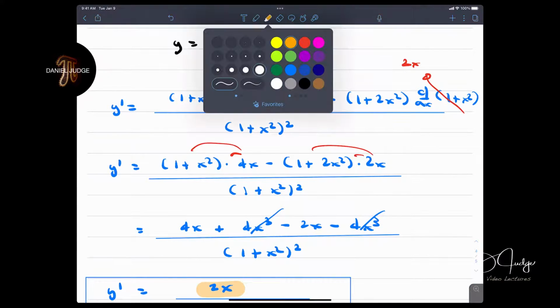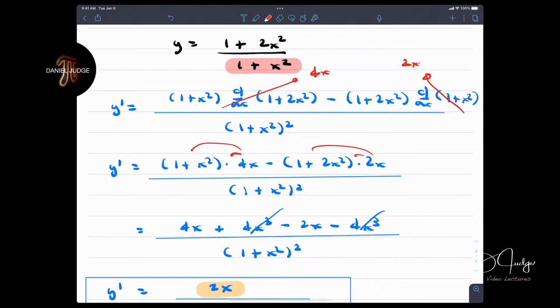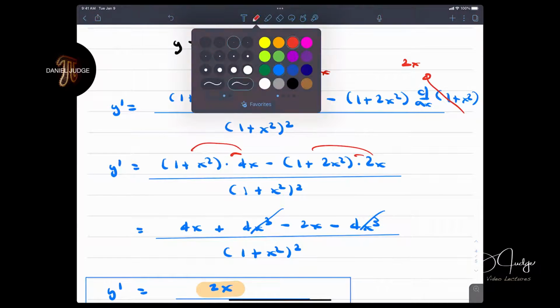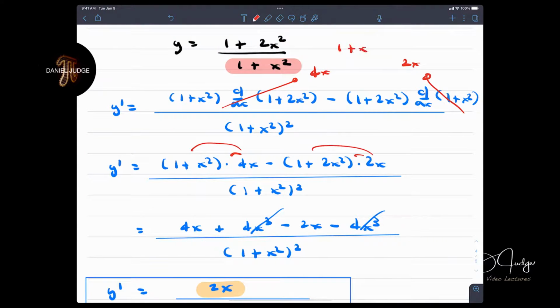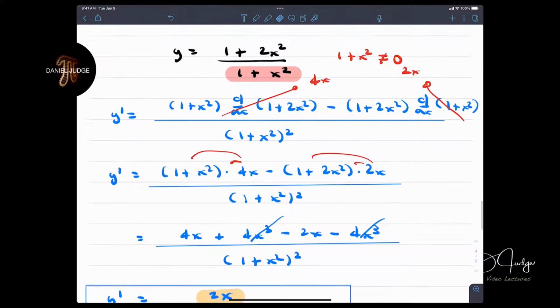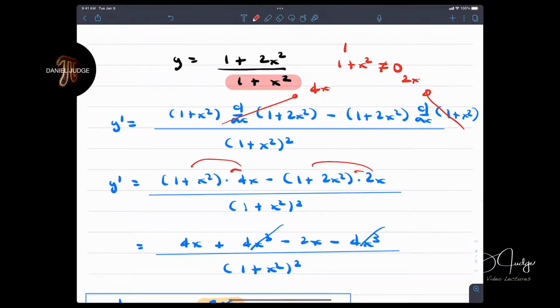Again, ladies and gentlemen, the domain's all real numbers here, because 1 plus x squared will never be 0. In fact, 1 plus x squared is always positive here. I wanted to write that down, but I have no space, so I'll write it above. That's always positive.